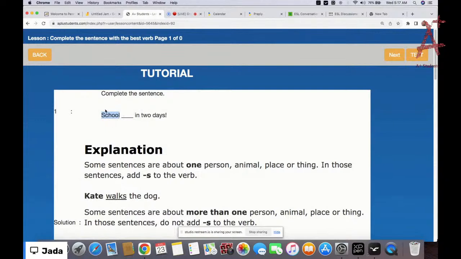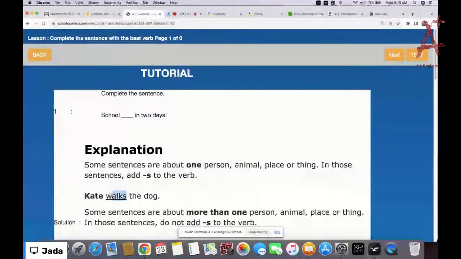So the suitable verb is going to be an answer with an S. The best verb that's going to complete this sentence will be the one with the S. Because it's just like this, we have Kate and we have school. One place, one person. So the answer here was a verb with an S.